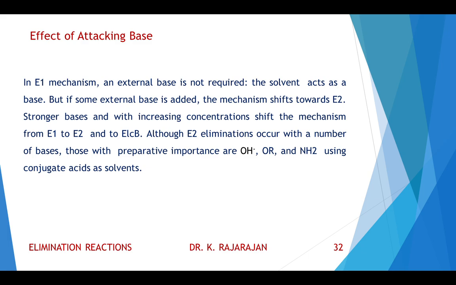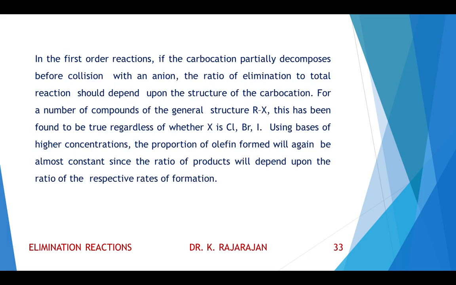Although E2 eliminations occur with a number of bases, those with preparative importance are OH, OR and NH2 using conjugate acids as solvents. In first order reactions, if the carbocation partially decomposes before collision with an anion, the ratio of elimination to total reaction should depend upon the structure of the carbocation.